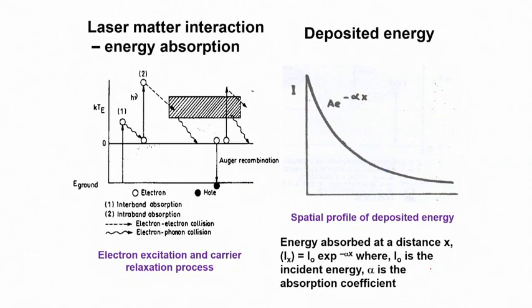So this is what I was mentioning a few minutes ago, that either you excite the electron from the valence band to the conduction band and then further excite to a higher energy state, or if it's a metal, then you already have electrons in the conduction band, so you excite them and subsequently they get de-excited.